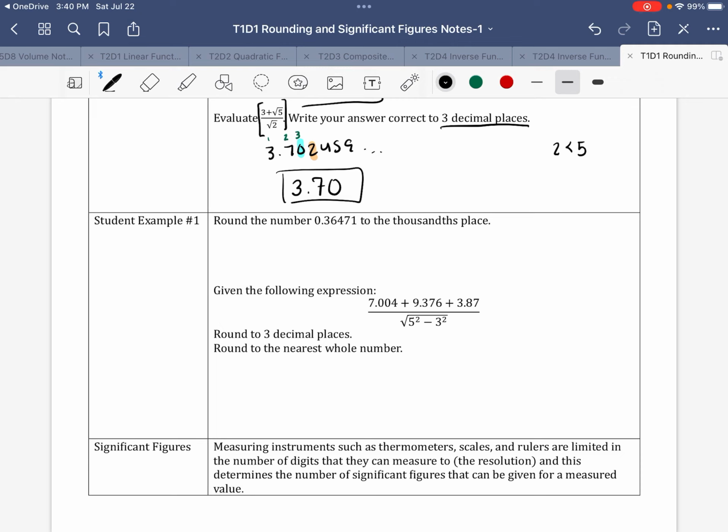Let's take, for example, a tape measure, and we want to measure how tall somebody is, right? So most commonly we'll say something like 5 feet and 5 inches maybe. And if you want to be a little bit more specific, you say 5 feet and 5.5 inches, right?